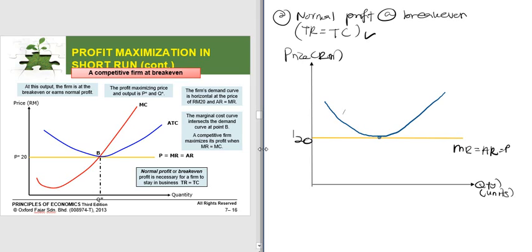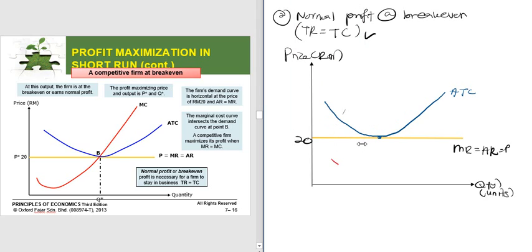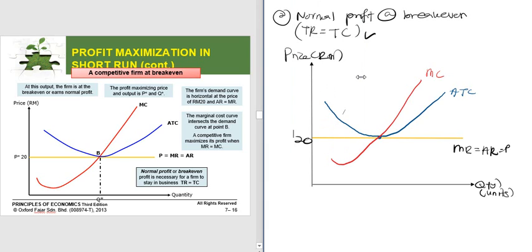Touch here. So that is the minimum average total cost. And then you draw another curve which is the marginal cost, and marginal cost must intersect at minimum ATC. It must pass through here. Okay, minimum ATC.